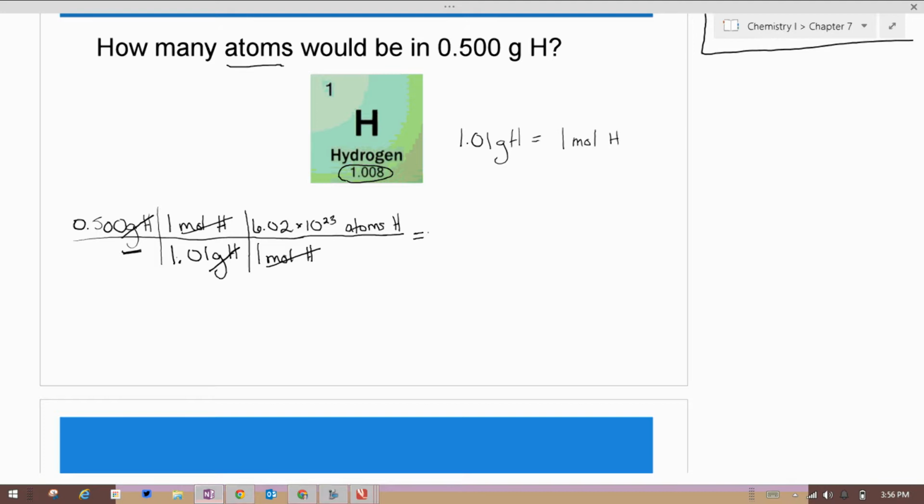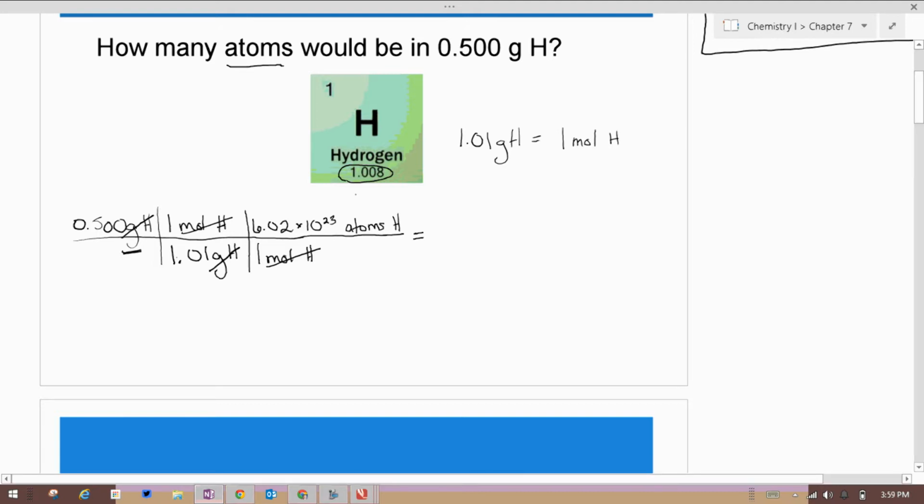I do not put a 10. I don't put a caret. None of that. Just 0.5 times 6.02 second, comma, 23 divided by 1.01. Okay, so you multiply the top and you divide by the bottom. So take a second, find your answer.